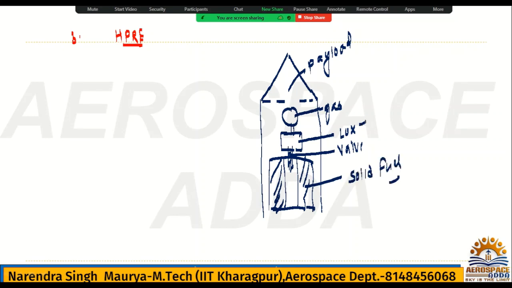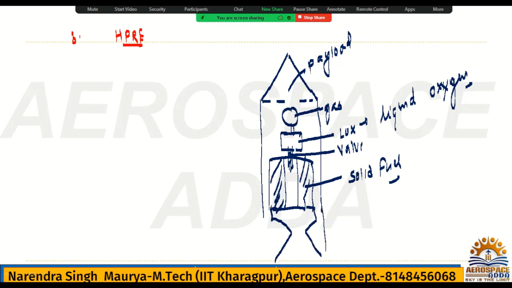This is the LOX, liquid oxygen oxidizer. So both solid and liquid you have here, hence it is called hybrid.